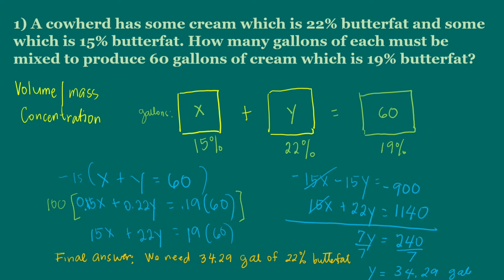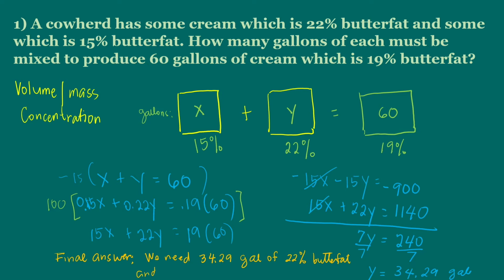While, how do we get the value of x? So the value of x is just 60 minus y. Alright? Or 60 minus 34.29. And that is 25.71.